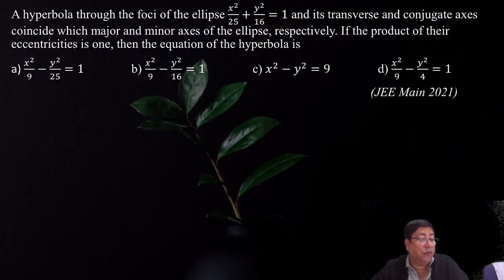A hyperbola passes through the foci of the ellipse, and its transverse and conjugate axes coincide with the major and minor axes of the ellipse respectively, and the product of the eccentricities is 1. Then the equation of the hyperbola is, 2021 JEE Main sum. Let us do one thing.